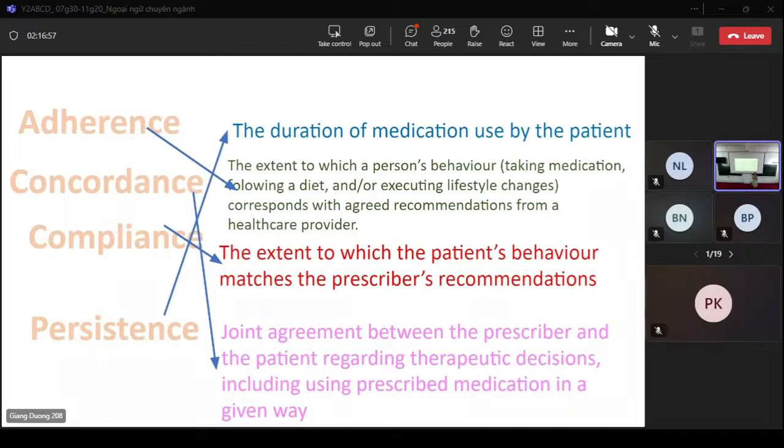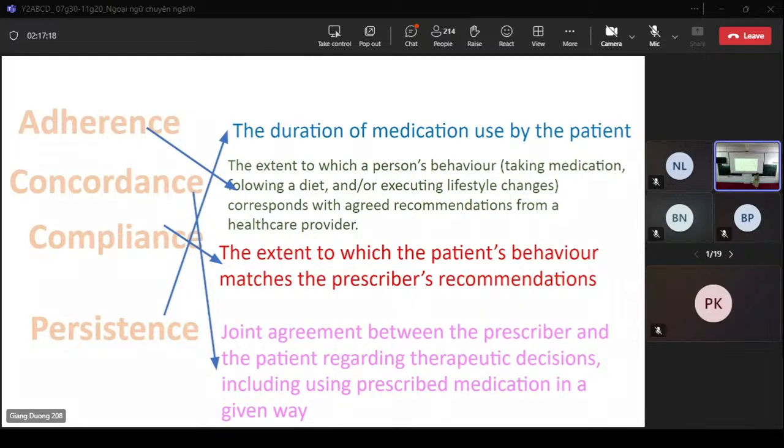Is it not the situation like when I have a problem and I go to the pharmacy and the pharmacist gives me some medication without telling me that, hey, do you agree on this course of antibiotic?